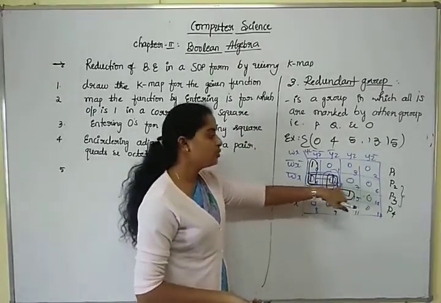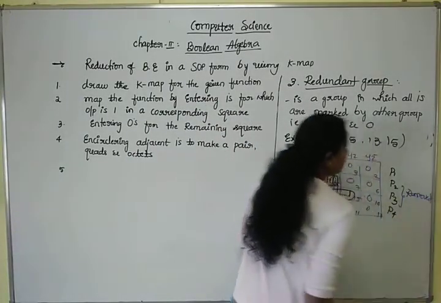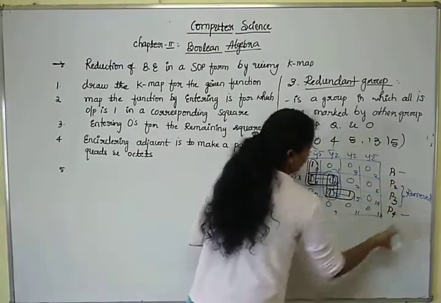So this pair 2 and pair 3 both are removed. Then we got only 2 pairs, that is pair 1 and pair 4.